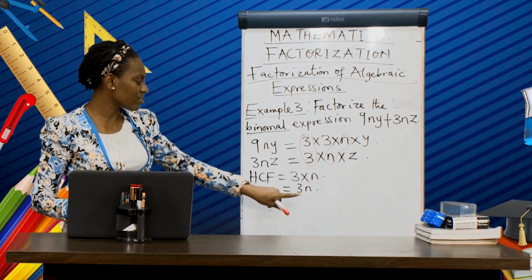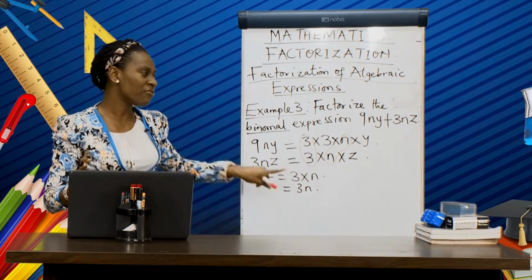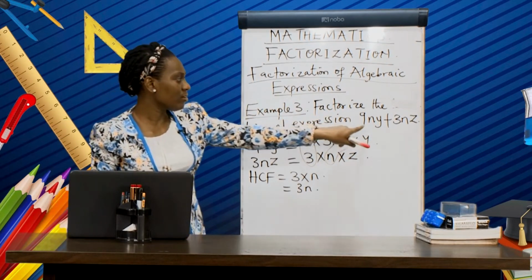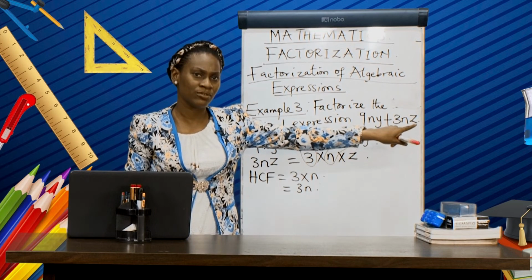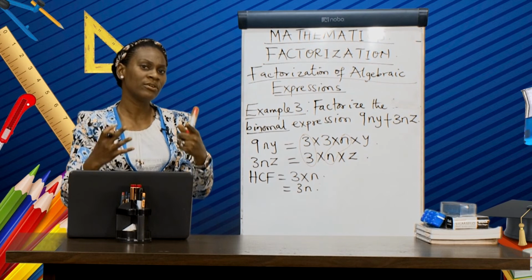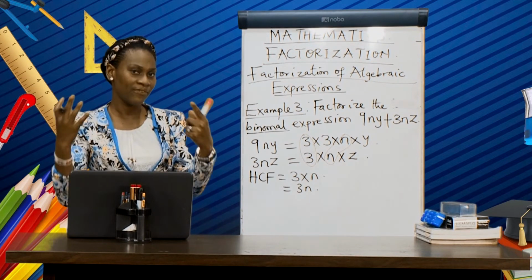Now, we're not just asked to find the HCF, we're asked to factorize this expression. This means that how else can you write this expression? How else can you express this as product of its factors?